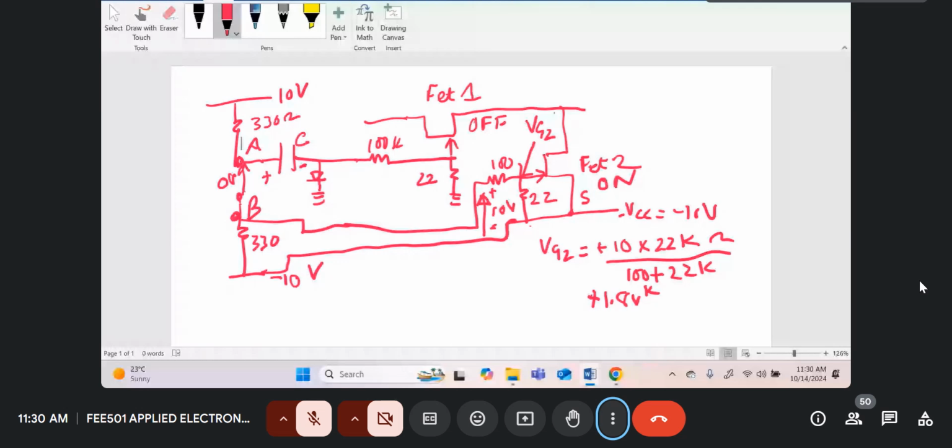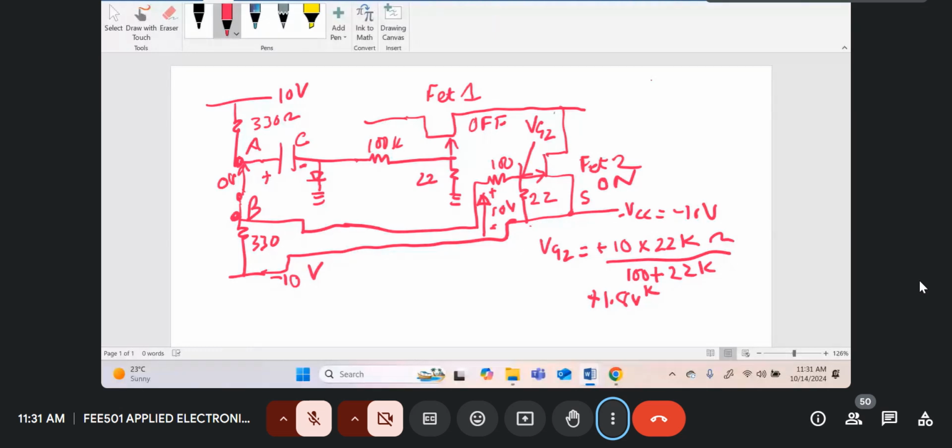So the bottom transistor, VG2 will be minus 1.8 volts to FET2. So that's what is going to be happening. I hope everybody has understood.